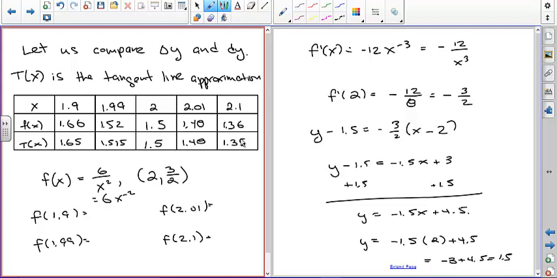It would be 0.016 here. dy would be 0.015. So it's just another way of doing the same calculation, but coming up with an equation for the tangent line and then using that to calculate these, because they do the same thing. They're assuming a linear change between one point and another instead of a nonlinear change.